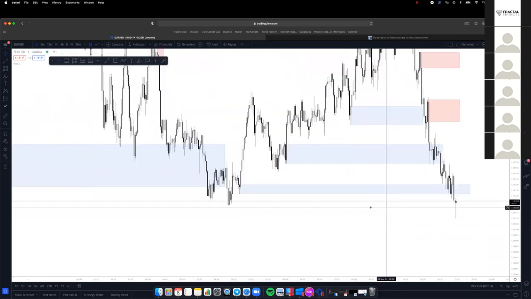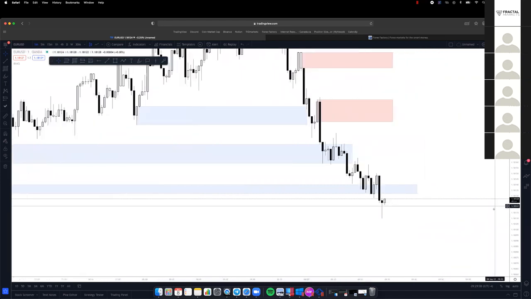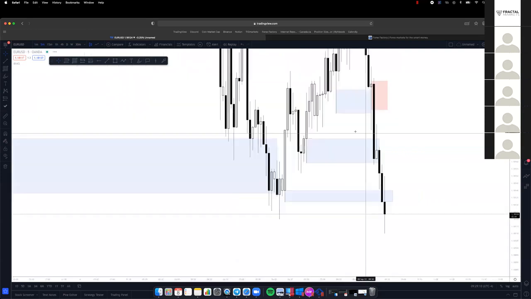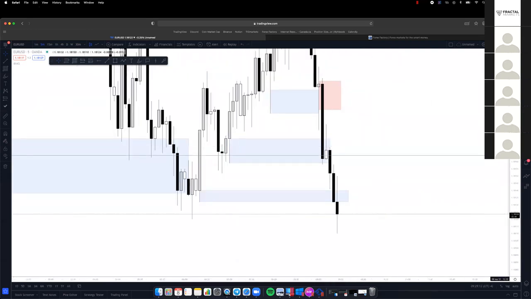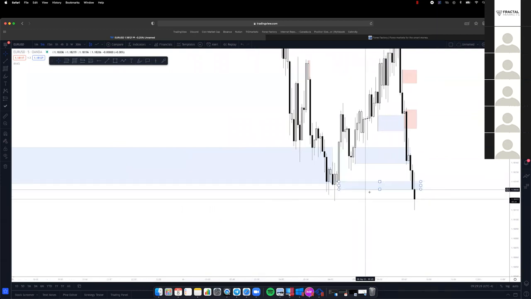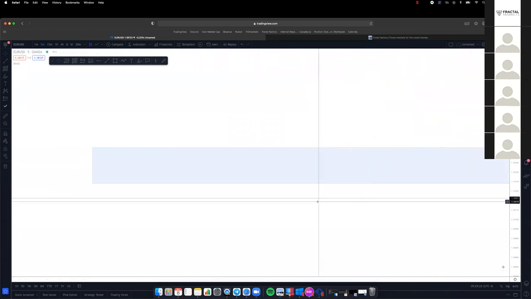What's going on here? We've swept below now. What you should be doing is looking at the 5, understanding what may potentially need to get mitigated. We do have a 5-minute POI sitting up in this region up here, right? There's all sorts of things that you need to consider. We've swept through. Did we mitigate anything all the way over to the left?